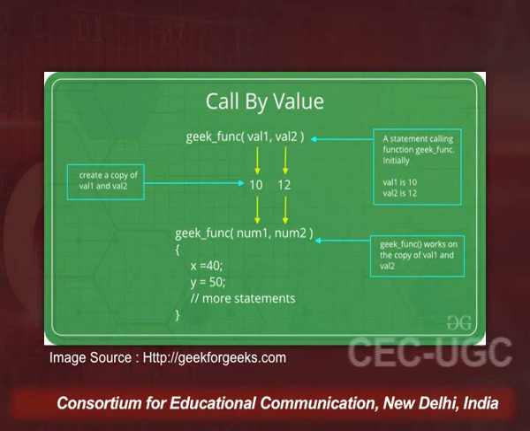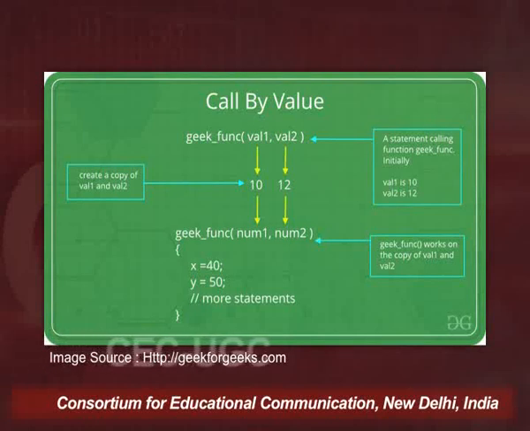So when a copy of val1 and val2 is created, whatever changes are happening on that copy of the variables are not reflected on the original values of val1 and val2.